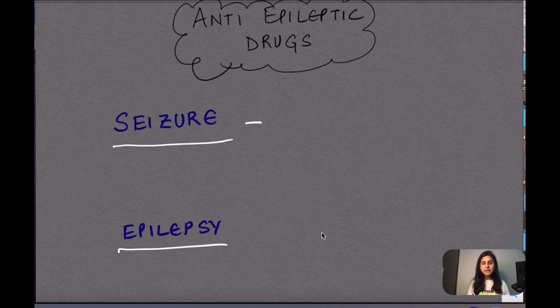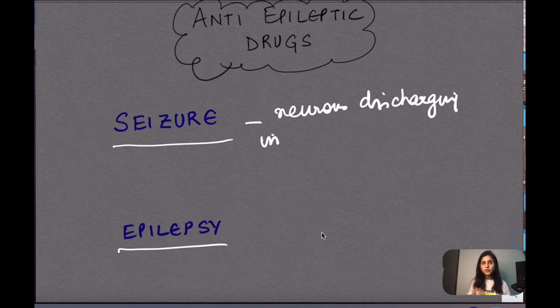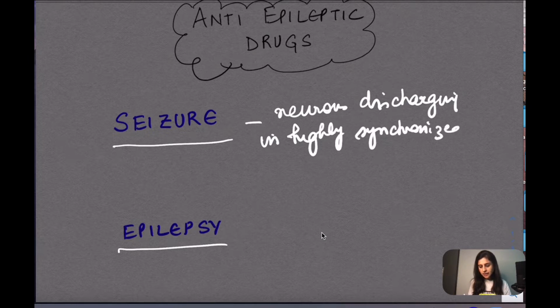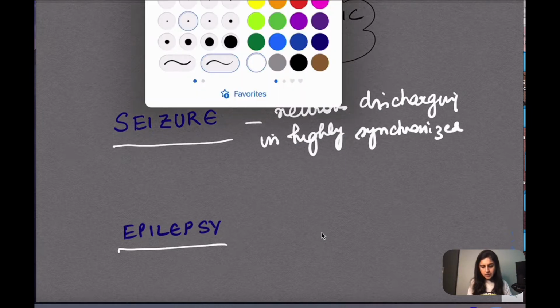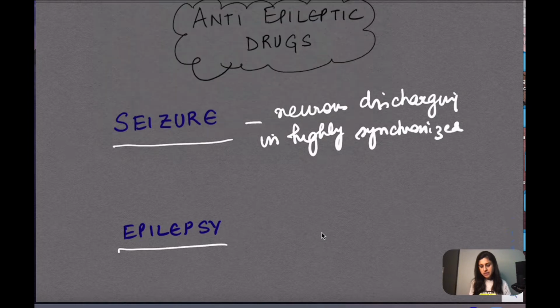So seizure basically is a group of neurons discharging in a highly synchronized manner. One neuron gets excited, it passes excitability to the other neuron, and so on and so forth.